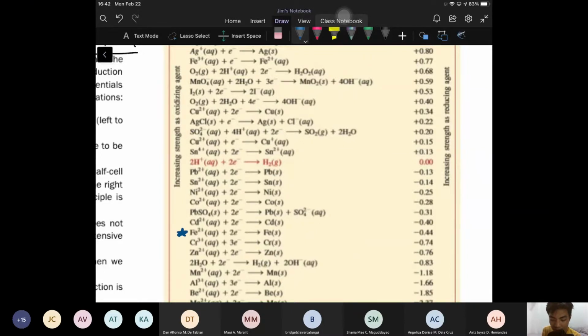So, dito sa baba, we have Fe2 plus Fe. Okay. So, mag-ingat lang sa pagtingin kasi baka mamaya Fe3 plus makita nyo. Halo-halo yan dito eh. So, iba yung Fe2 plus Fe sa Fe3 plus Fe2 plus at Fe3 plus Fe. Okay. So, magkakaiba ng values yan. So, be careful when checking dito sa table. Just look at the chemical species, no? It doesn't matter if the equation is flipped or not.